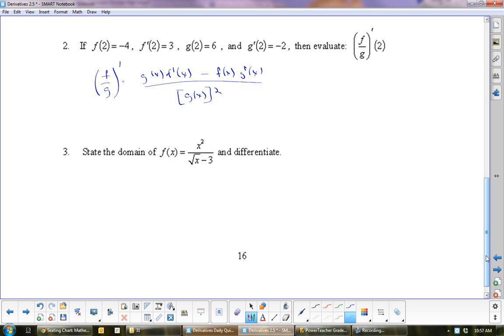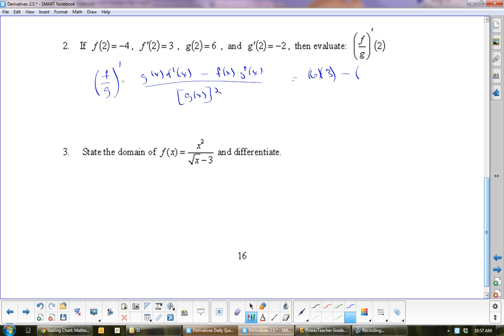Okay, g of x is 6. So we've got 6 times f prime of x, which is 3, minus, actually I'm going to want to use brackets here.